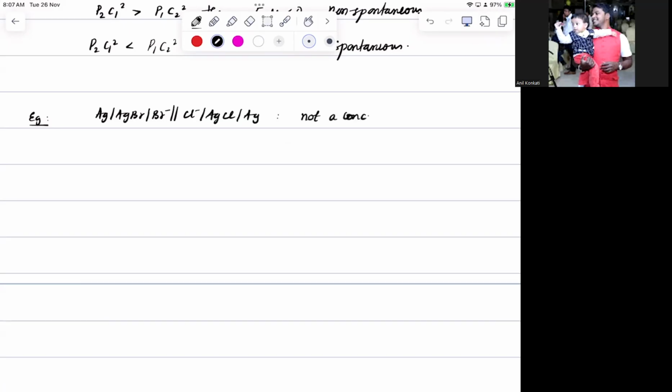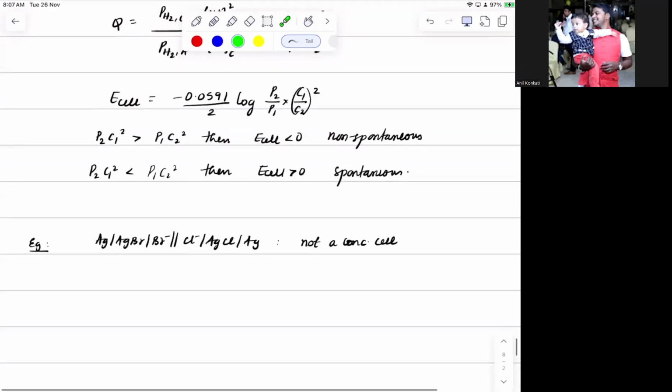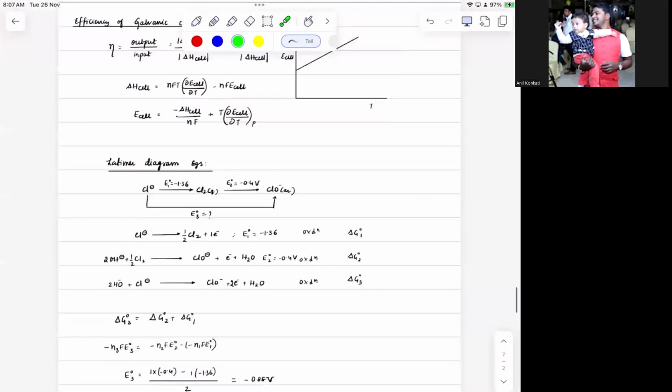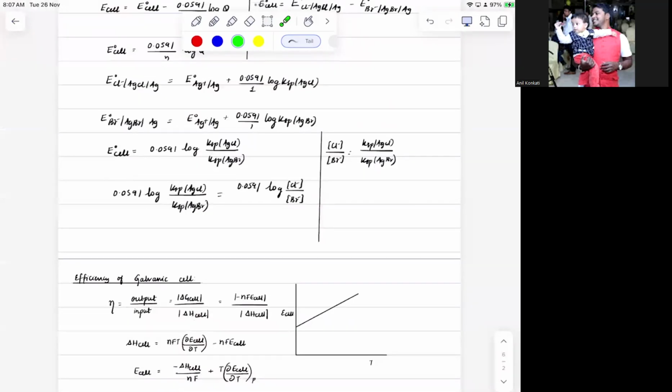Remember, it's not a concentration cell, because these are different electrodes altogether. Their E naught values are different. So here, this is not a concentration cell. You just need to remember this part. I suppose this part is clear, everyone. So we'll stop it here.